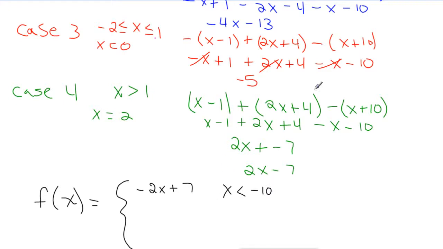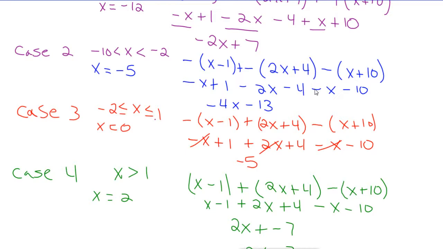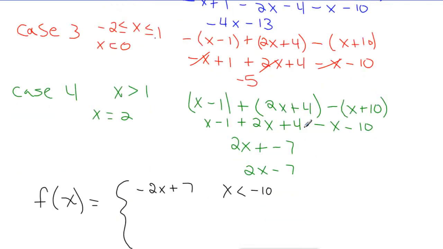Then our second case here, case number 2, we ended up with negative 4x minus 13. And so negative 4x minus 13. That was when x was between negative 10 and 2. So we're going to have negative 10 between x and negative 2.